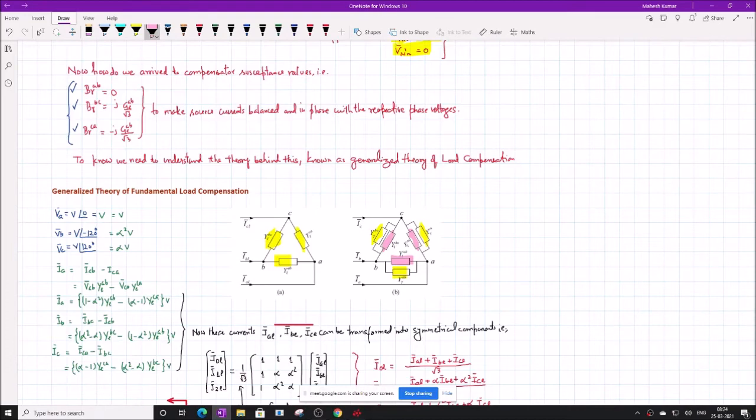The three variables are B gamma AB, B gamma BC and B gamma CA. So we need to have three equations to solve them.